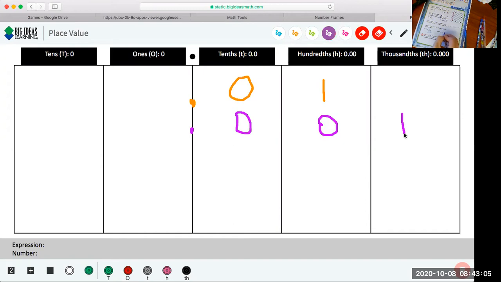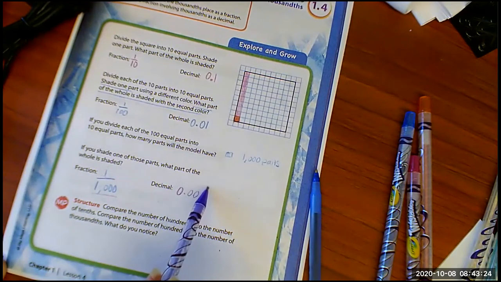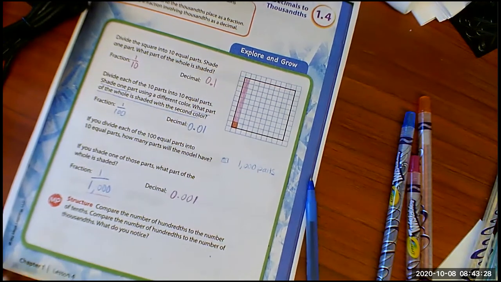So we'd have 0, 0, 0, 1, 1/1000th. We put that 1 in the 1,000th place. Putting that 1 in the 1,000th place, right? Right here. Okay.